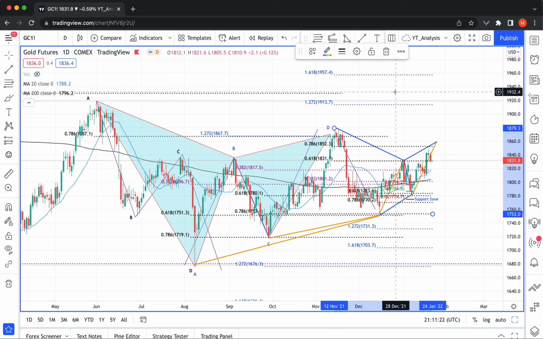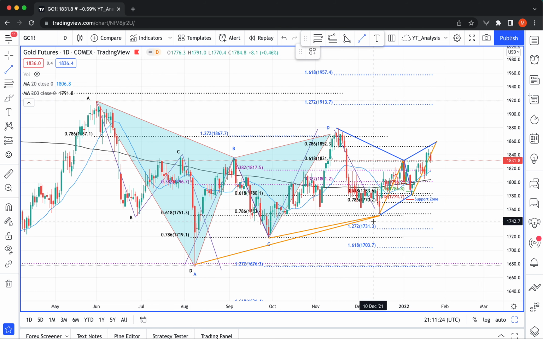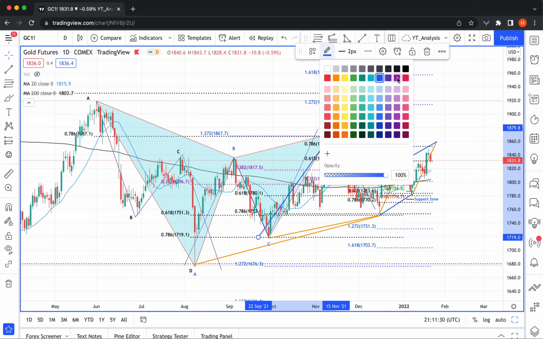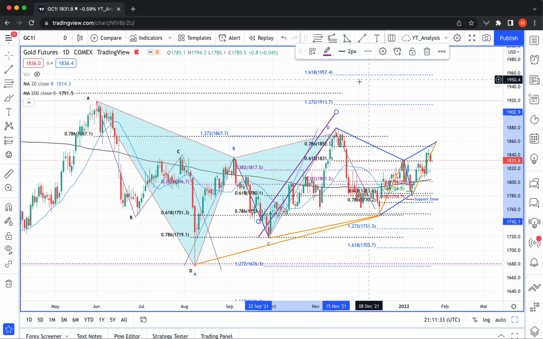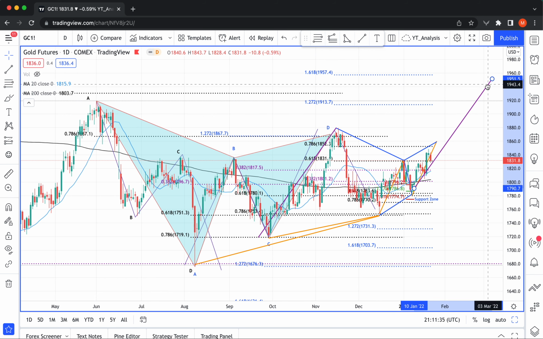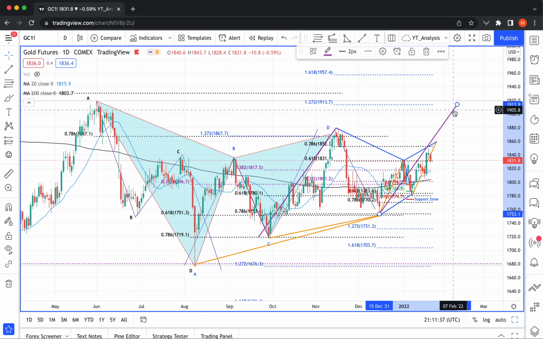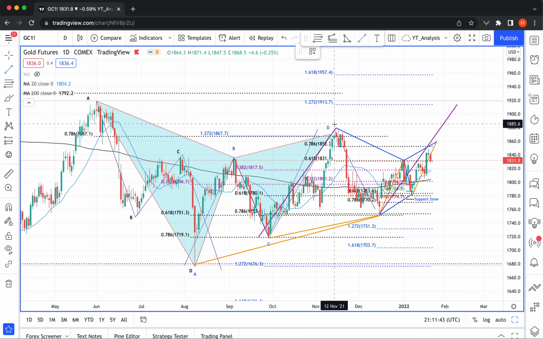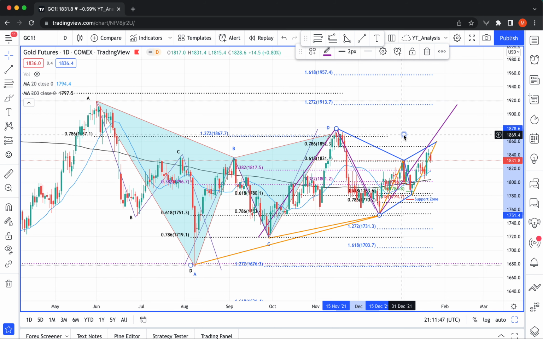And what the price could do is, it is more likely to be doing an ABCD like this. So let me change the color so that it's a little bit more visible. And we are looking at 1913 if the price takes out the 1852 level.